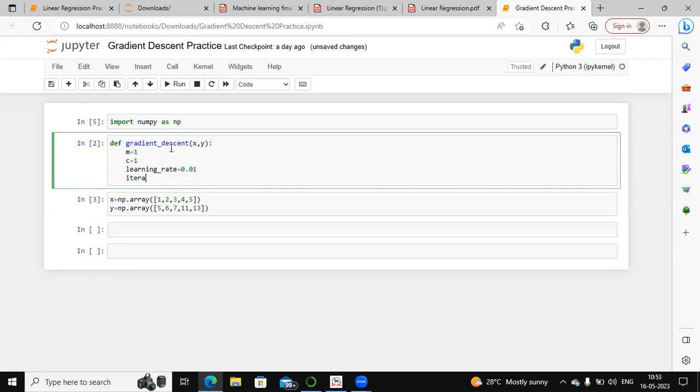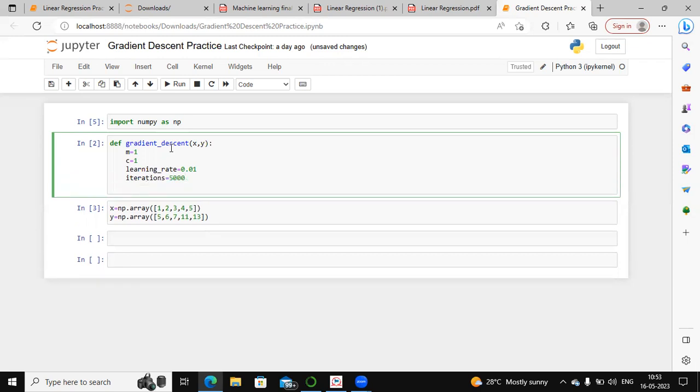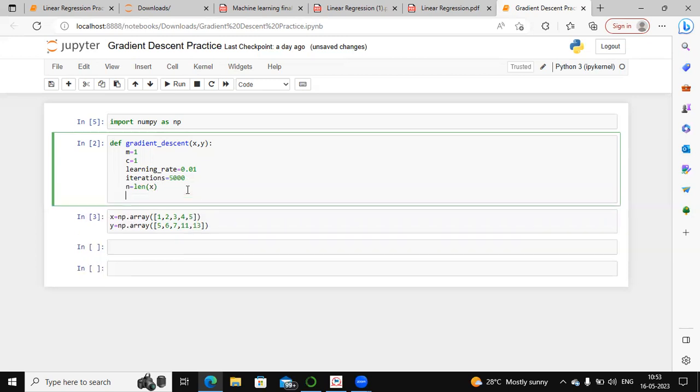And iterations, we have a total of 5,000 iterations. Then we have n equal to the length of x. We have to take the array's length, and you will understand why. Now we'll have a loop, for i in range of.